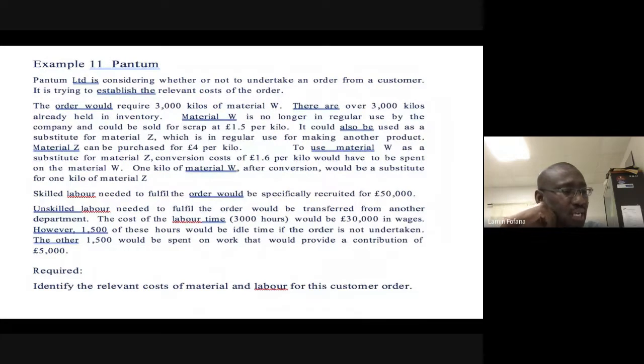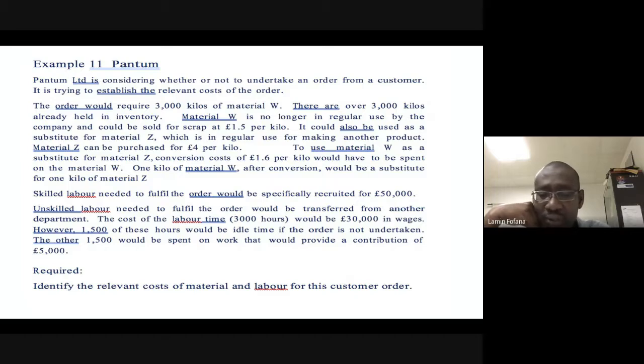So unskilled labor is divided into two. The idle time will be 0; you don't consider idle time. Then there is the use of the other department's time, which is half.